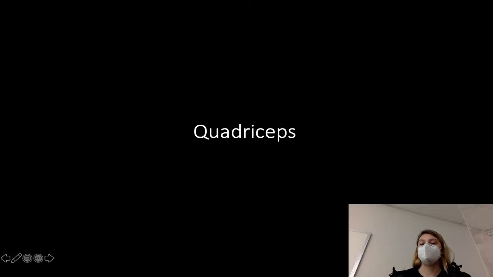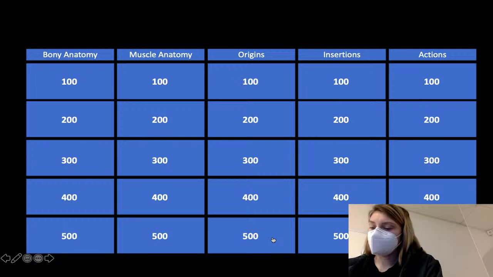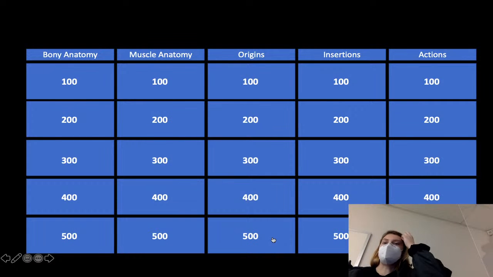Correct. So quadriceps group, rectus femoris, vastus lateralis, vastus medialis, vastus intermedius. Correct. That was 100. Okay. So you have origins for 5, insertions above 100, and all of actions.